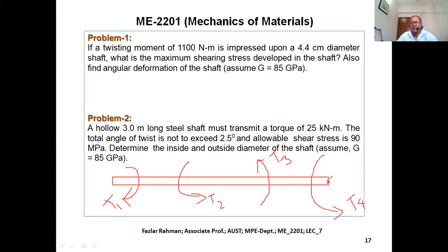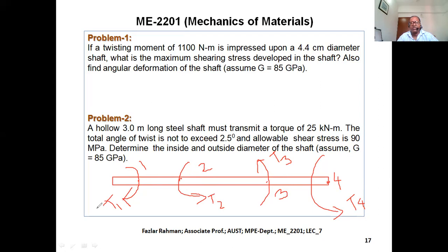Say this point is 4, this point is 3, this point 2, and this point is 1. So how will the torque diagram be? Torque diagram means kind of like a bending moment diagram. And right over here, the summation of all torque has to be 0.